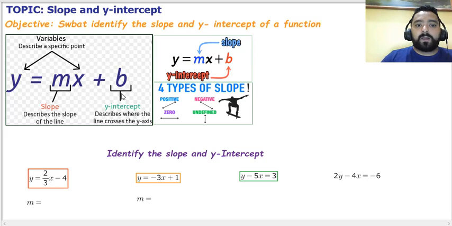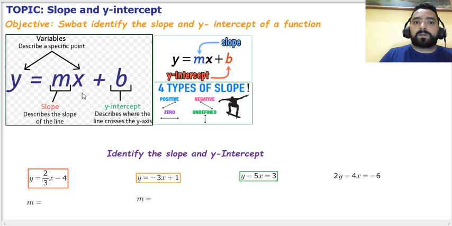Now, the y-intercept, we are going to represent with the letter b, and it describes where the line crosses the y-axis. We are going to have a specific graph and a specific point, and the line is going to pass through this point.